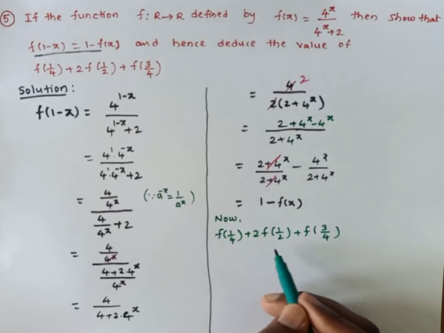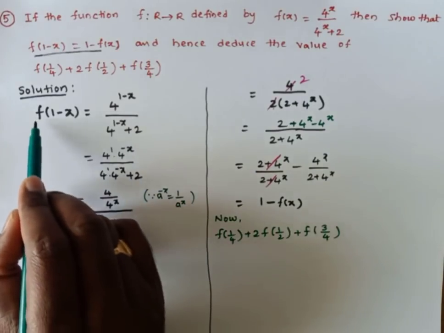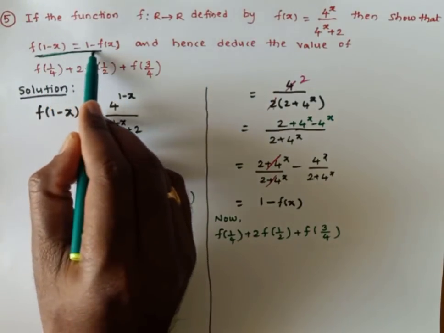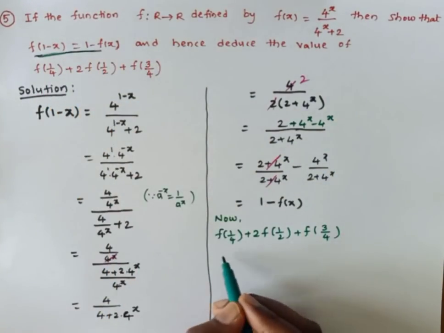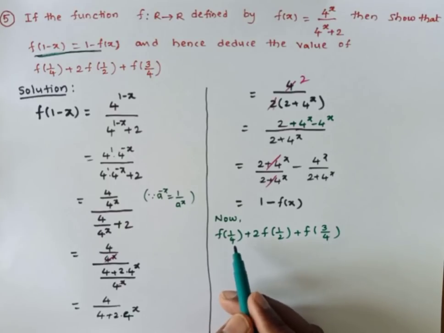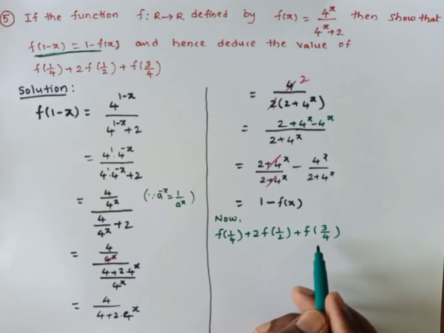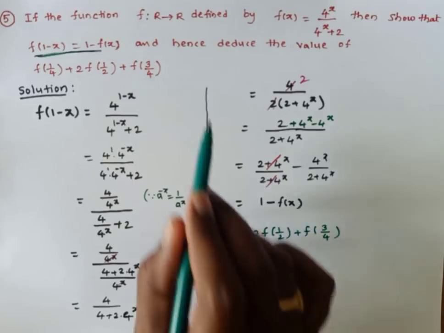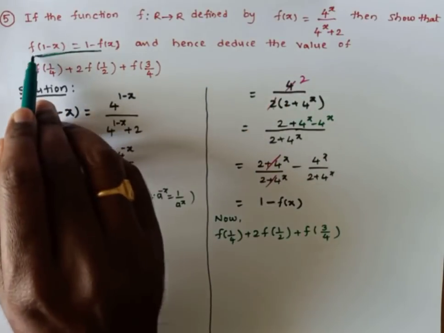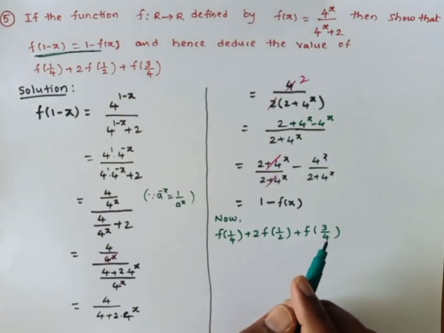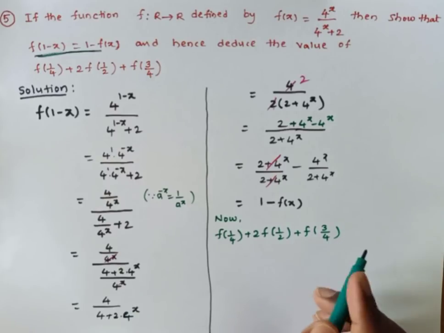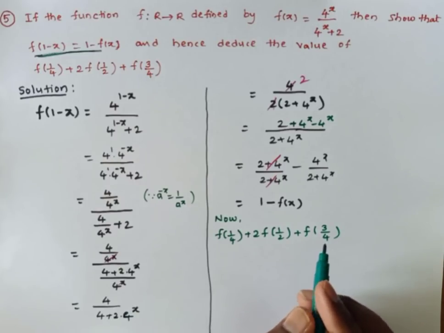So the deduction for this value is by using this relation f of 1 minus x is equal to 1 minus f of x. Now, don't put x equal to 1 by 4 and 1 by 2 and 3 by 4 in the given formula. Here you need to deduce, meaning we compulsorily need to use this relation f of 1 minus x equals 1 minus f of x.